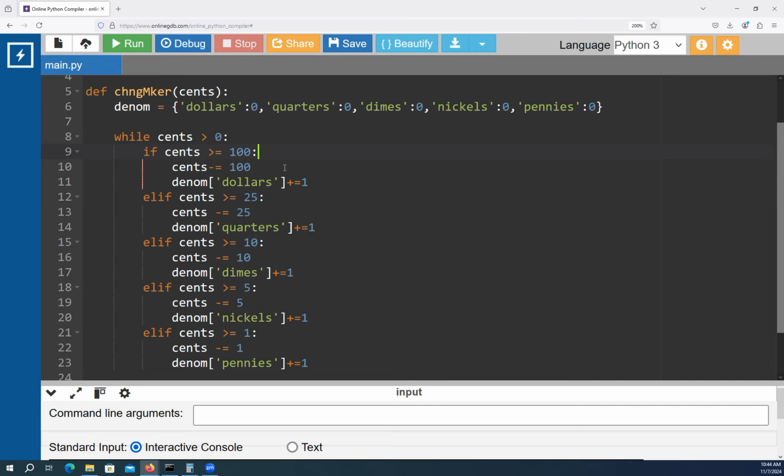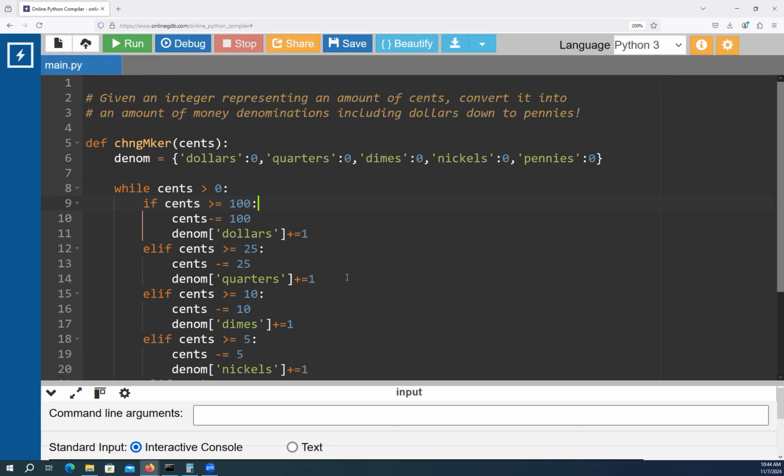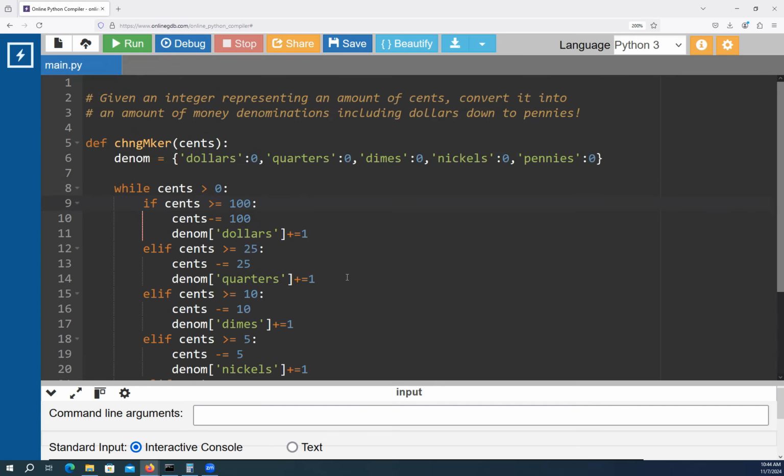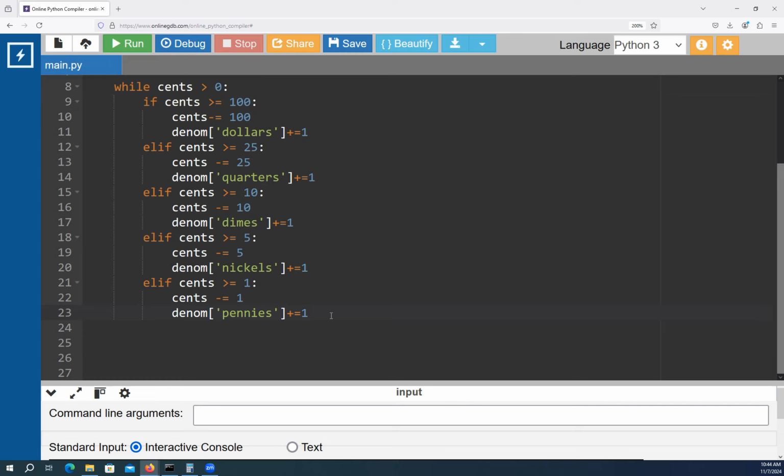So the highest denomination is going to get grabbed because we are listing them in descending order. So on down here, and it should be good. It's going to work.